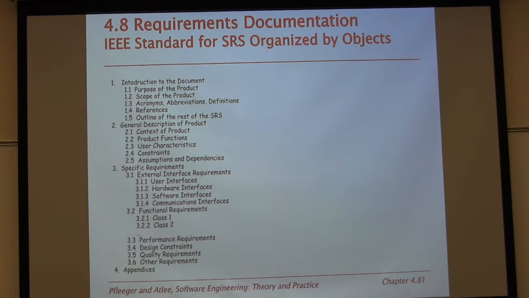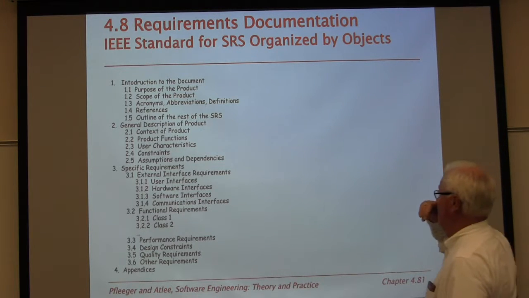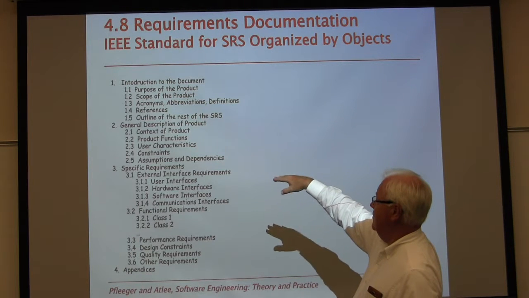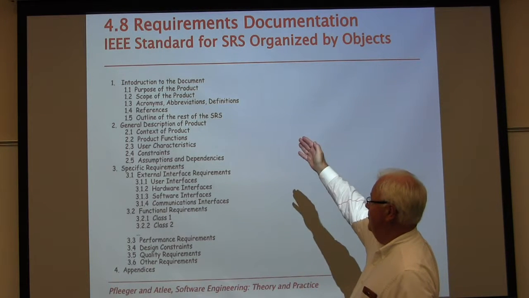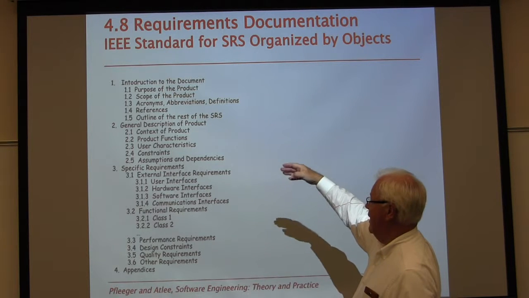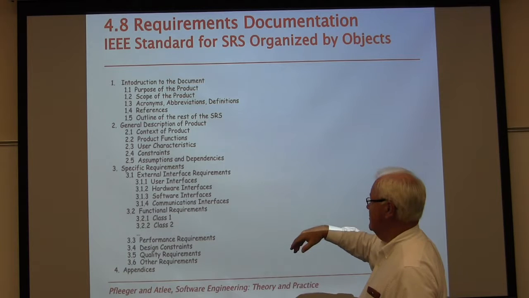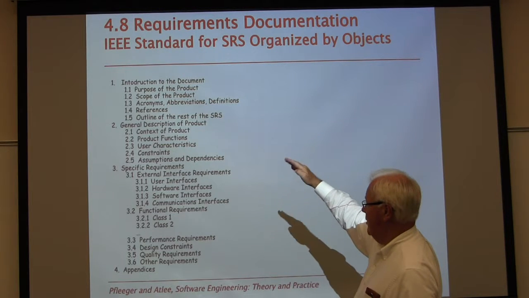So, this is the IEEE standard for an SRS. Remember, that is the specifications for the software specification document. So we do an introduction to the document, purpose of the product, scope of the product, acronyms, abbreviations, definitions, references, outline the rest of the SRS, general description of the product, and so forth.